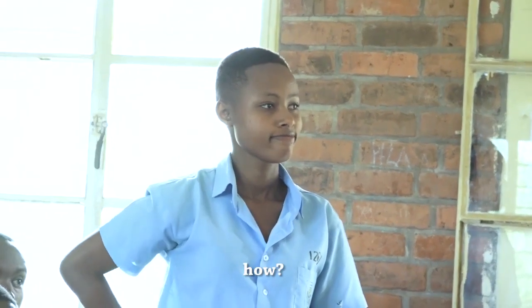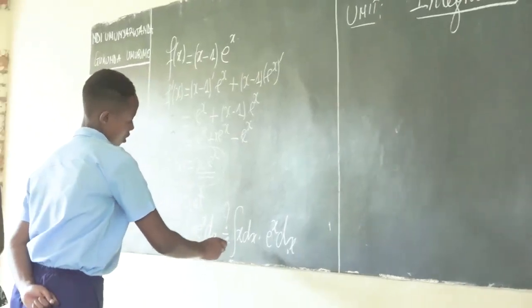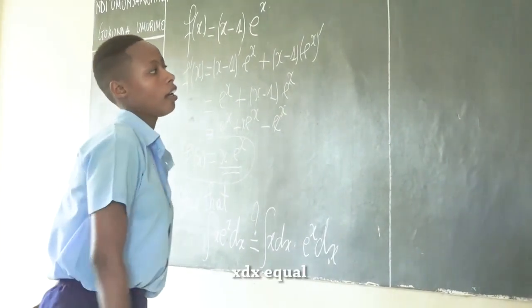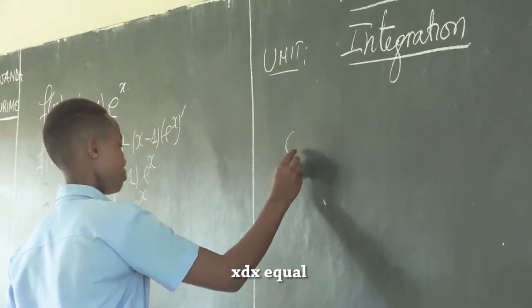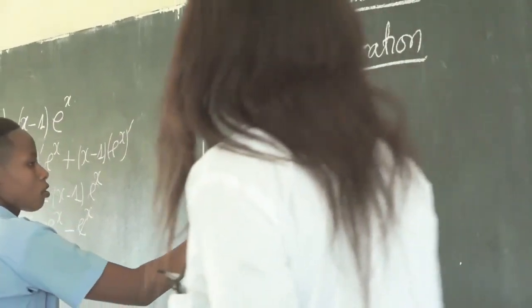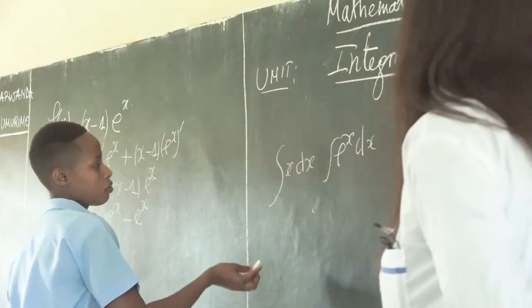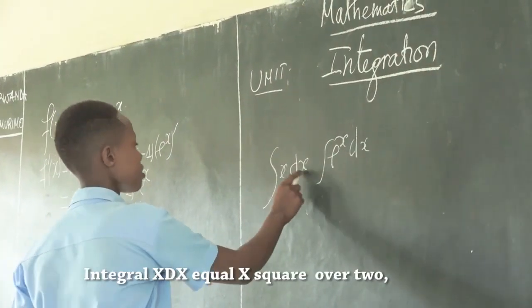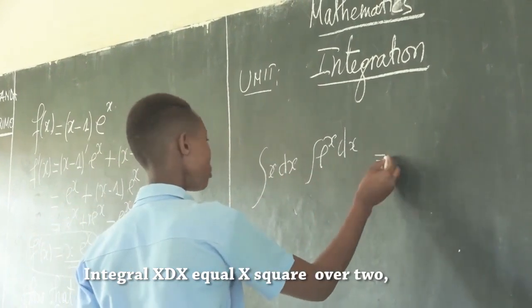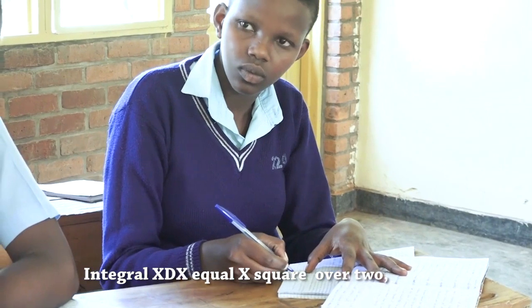Let me show. Integral of x dx, the integral sign, I forgot it. If you integrate x dx, it equals x squared over 2.